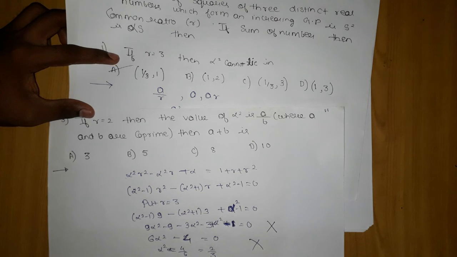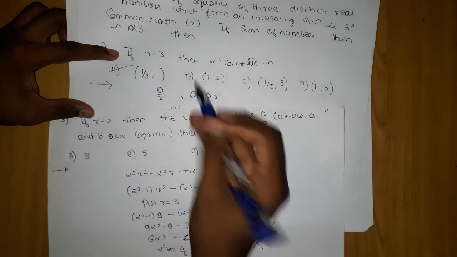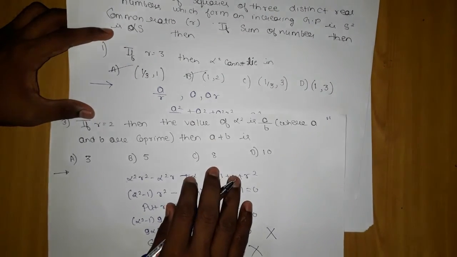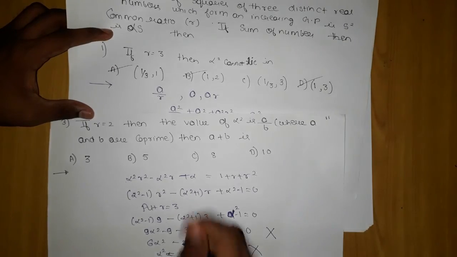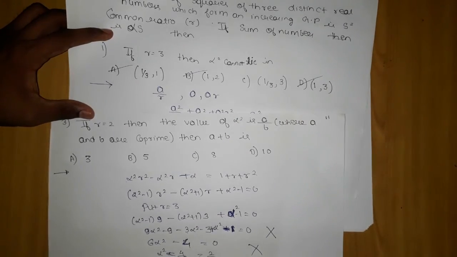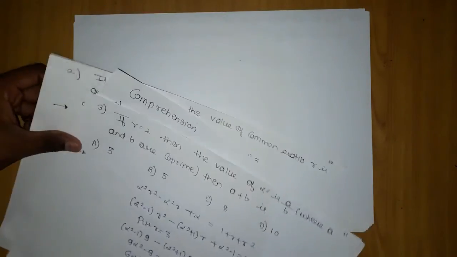This can also lie here, 1 and 2, okay, but 1 is not included, so here also it cannot lie, here also it cannot lie, 1 is not included, so the only value which it can lie is this. And so these are the three where alpha square cannot lie.